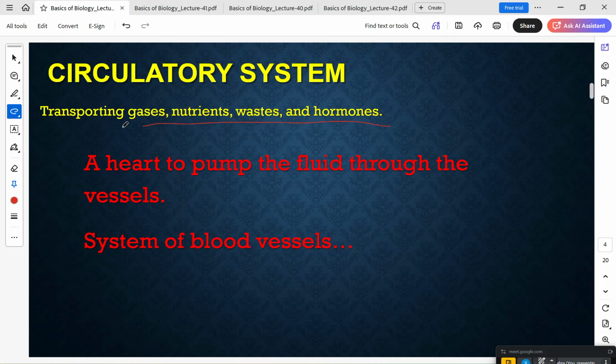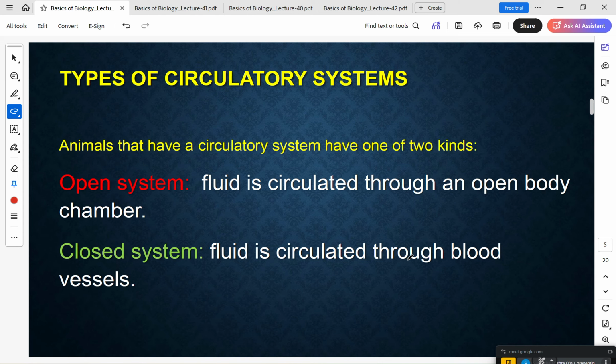The basic layout of a circulatory system is a pump, which is the heart in this case, the fluid which circulates through the system, and a series of pipes, which in this case are the blood vessels. There are two major types of circulatory system, an open system and a closed system.